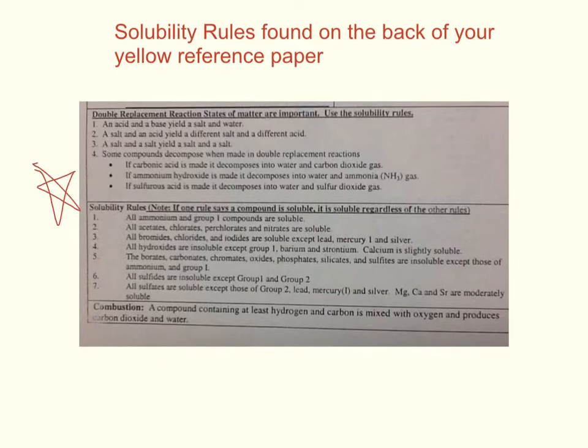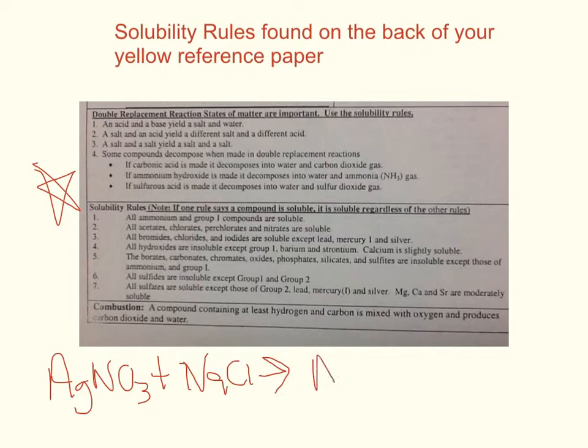In our example, we took AgNO3 and put it with NaCl, and we predicted that Ag would go with Cl and Na would go with NO3. The only way these things are going to work is if one of these is a precipitate. And it will be a precipitate if it is not soluble. So we're looking for one of these compounds to be not soluble.